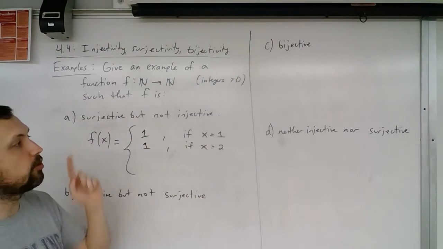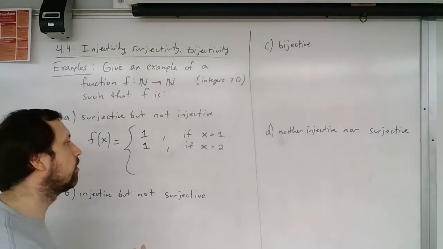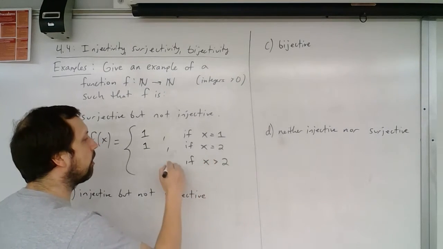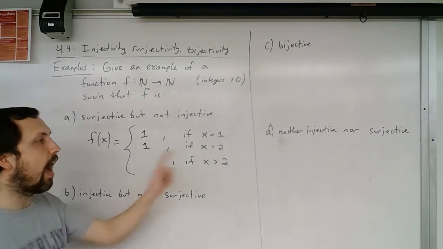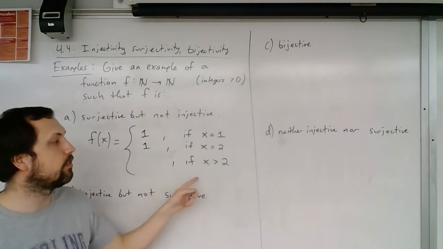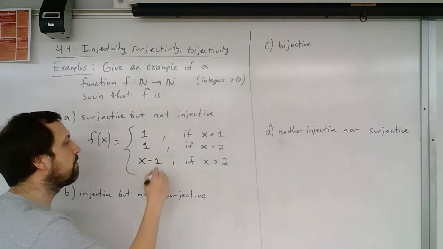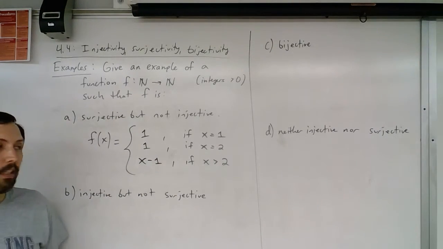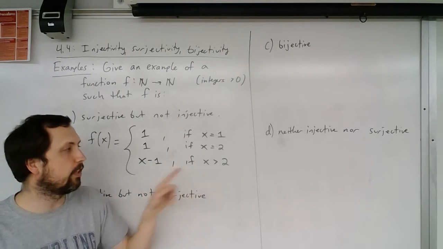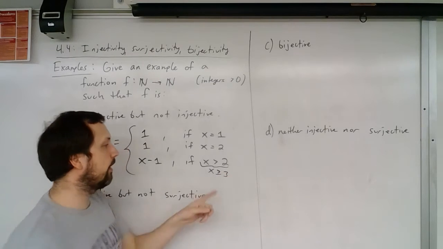Now to show that it is surjective, I have to figure out how I can get all of the rest of these numbers. Well, I'm going to define a rule that if x is larger than 2, well, I'm missing 2, 3, 4, 5, and 6, right? But I'm starting with the next one, which is 3. So I'm just going to simply define this as x minus 1. So all of these numbers would really be saying x is greater than or equal to 3, right?